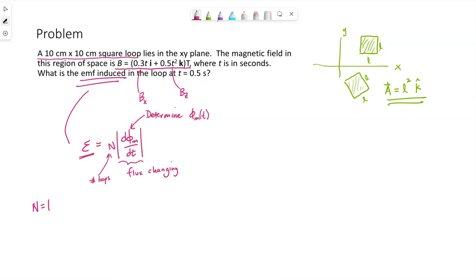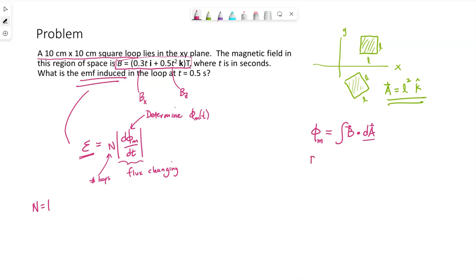So let's come over here and think about flux. Our fundamental equation for magnetic flux is B dot dA. This magnetic field, if we think about one single moment in time, as if we could take a photograph somehow of the magnetic field. At any one given moment in time, if we look at our equation up here for B, we would find B is one specific value.